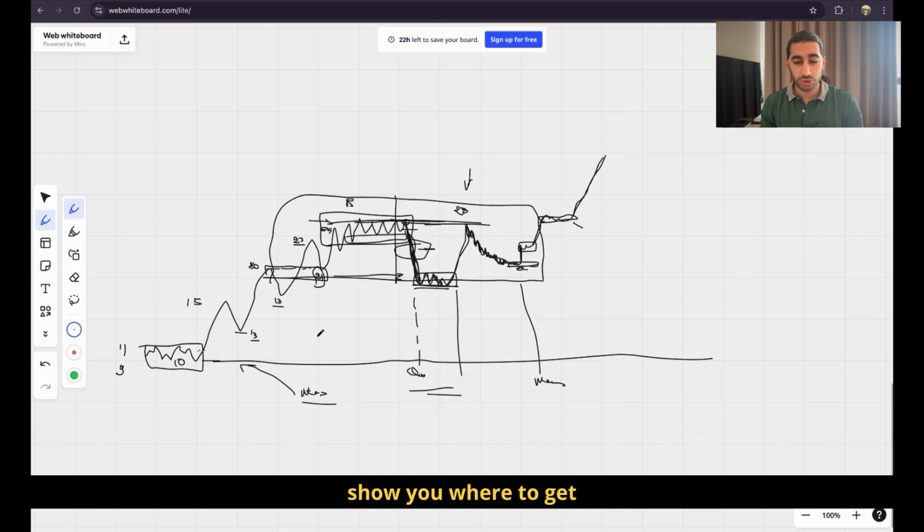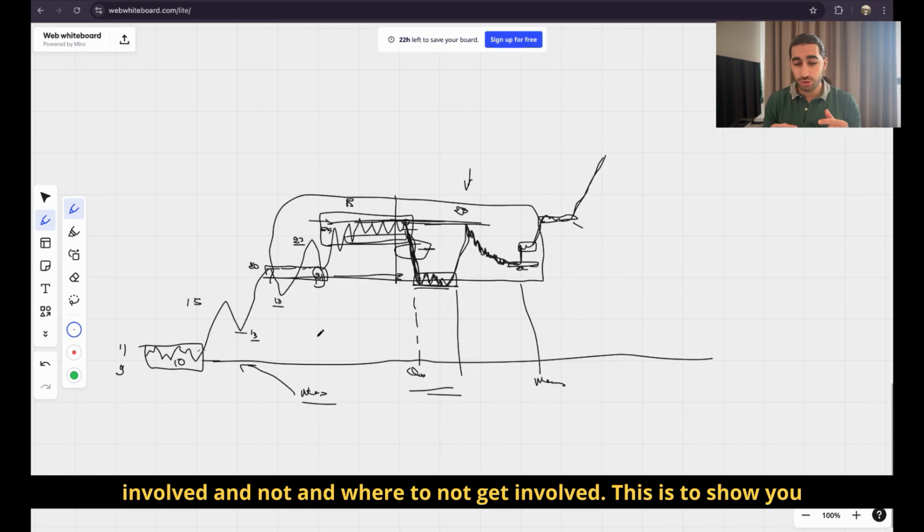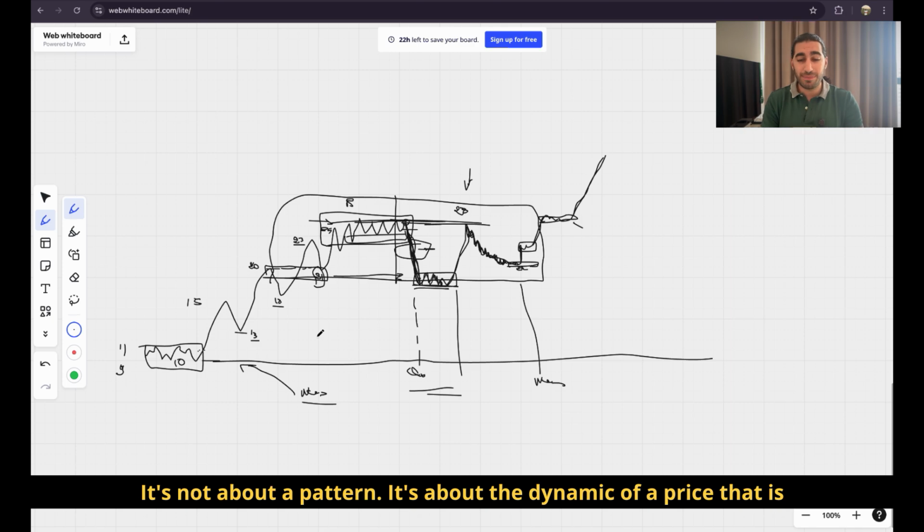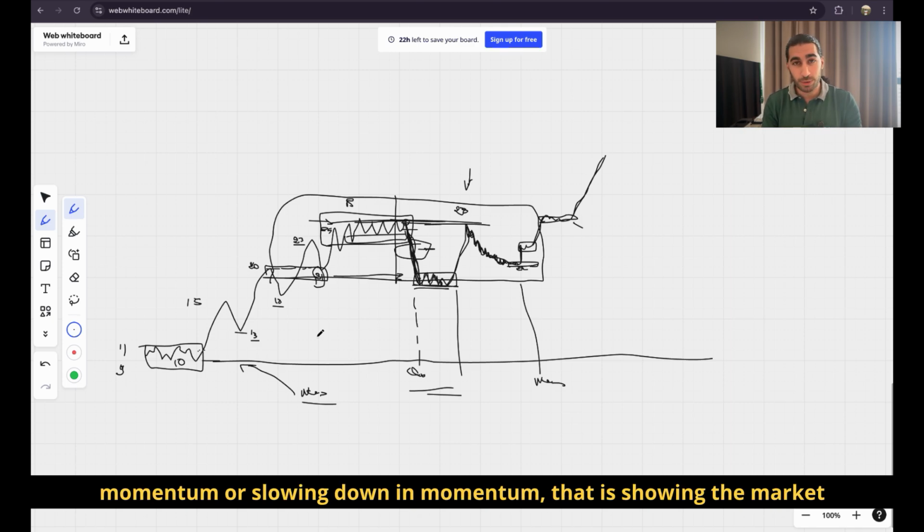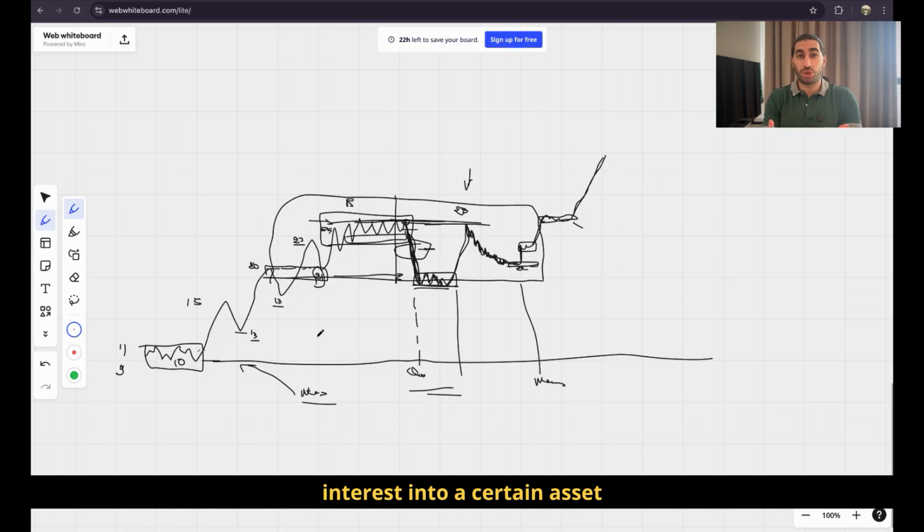This is not to show you where to get involved and where not to. This is to show you that there is a price dynamic. It's not about a pattern. It's about the dynamic of a price that is understandable, that is picking up or slowing down in momentum, showing the market's interest or disinterest in a certain asset.